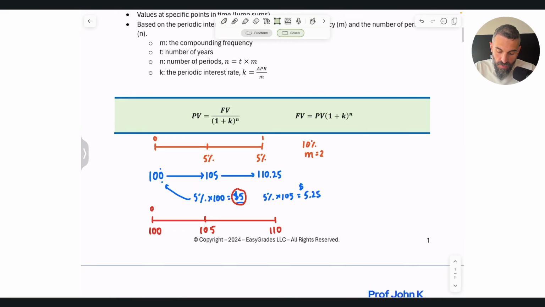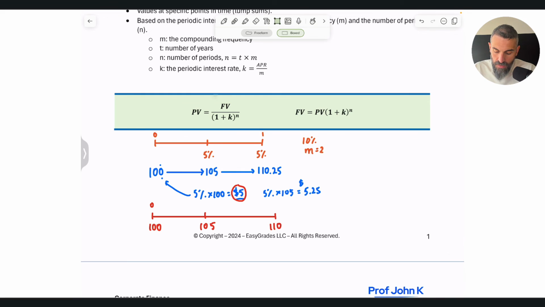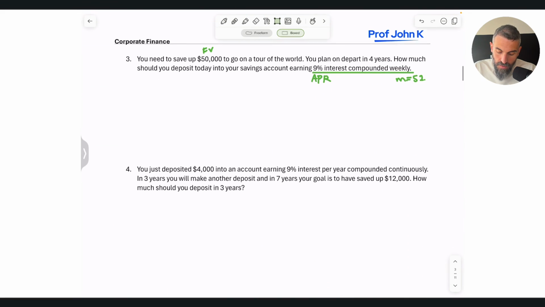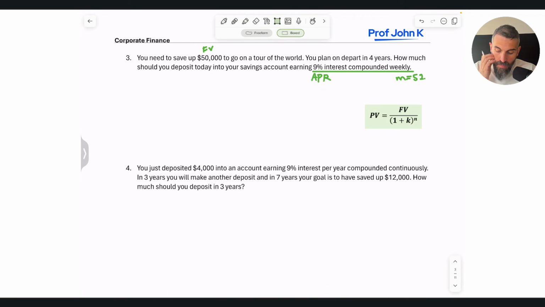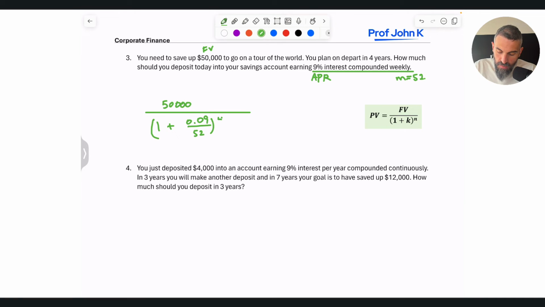We're going to use this formula here. So the present value is the future value, 50,000, divided by 1 plus, and for K, we'll do what we did before. It's the APR divided by your compounding frequency. And then your N is 4 years times your compounding frequency.